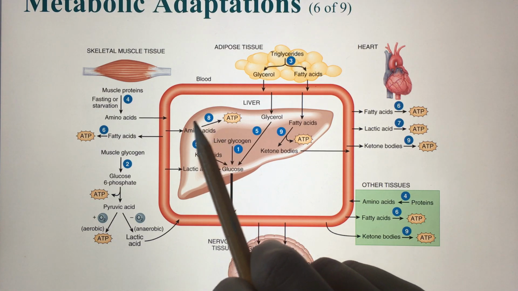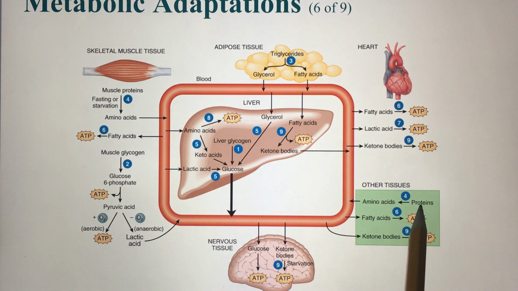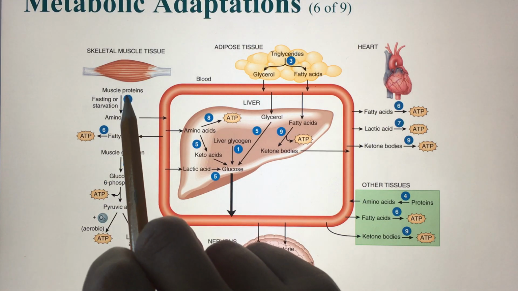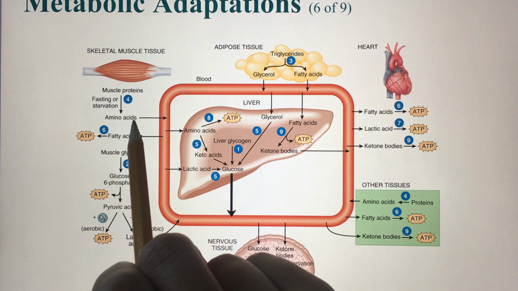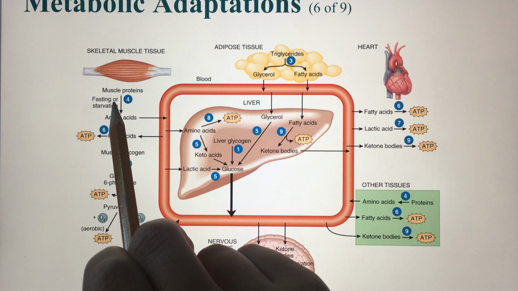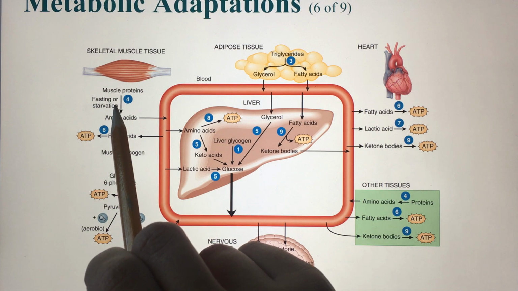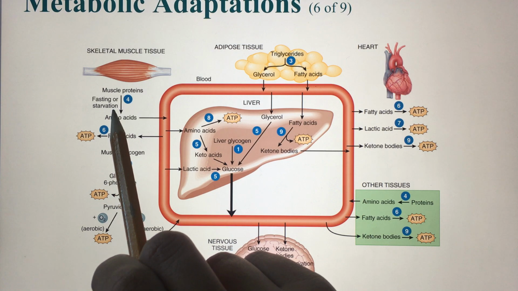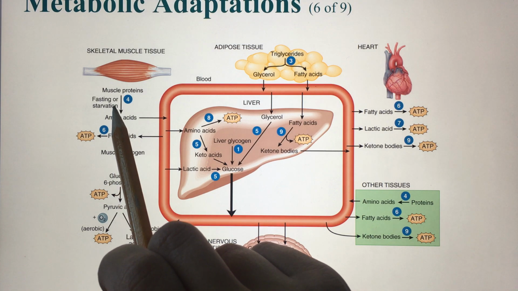So the proteins can also be converted into energy. For example, even the muscle proteins, like myosin, number 4 again, can be broken down into amino acids. That happens during fasting, which means not eating for a prolonged period of time, or starvation. So we're not eating food, and our body can break itself down.